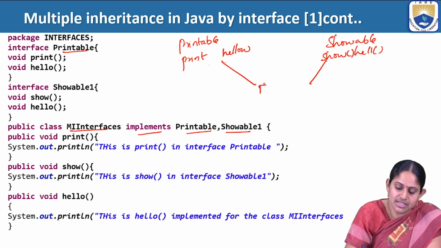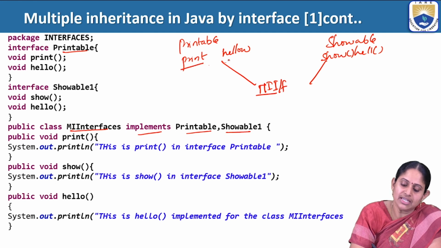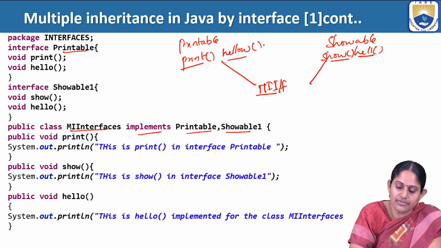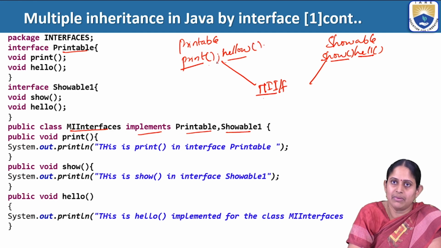The MI interface class will have all these methods: print, hello, show and hello. But since these are interfaces, the printable and showable interfaces will not have any implementation of the methods print, hello and show.